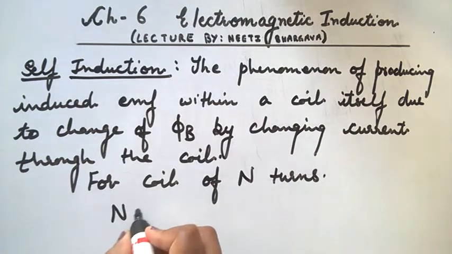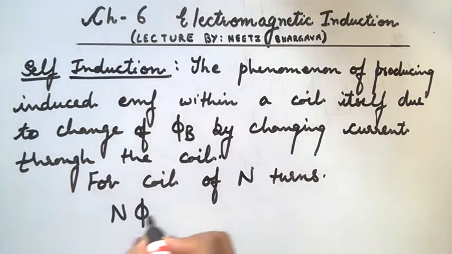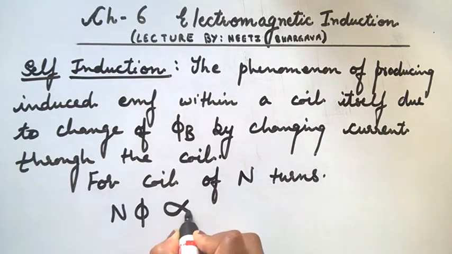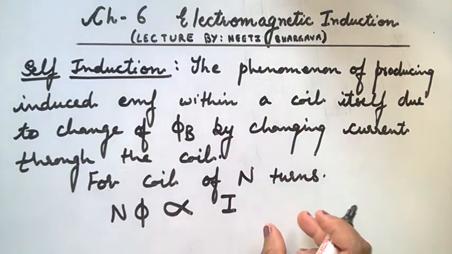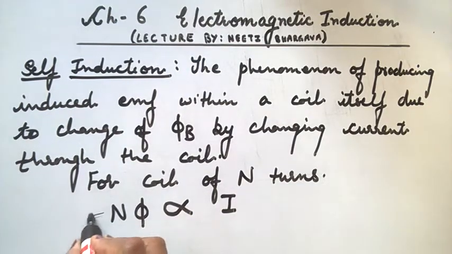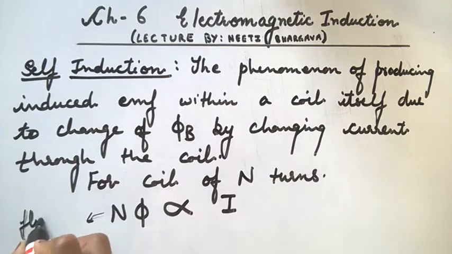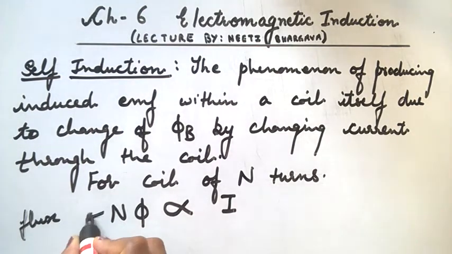So flux linkage n phi is directly proportional to the current which is flowing or passing through that coil. So this is known as flux linkage, the flux which is passing through the coil.